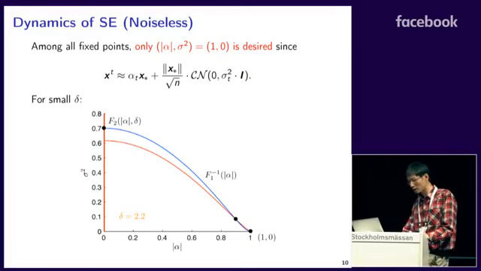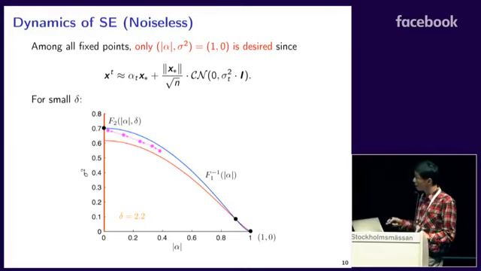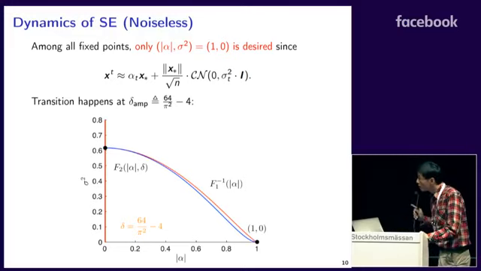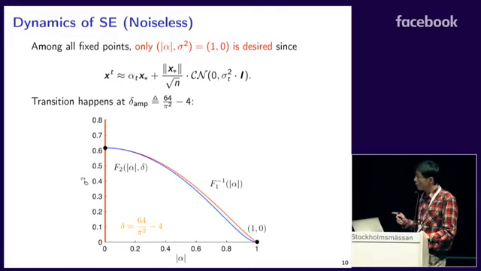If we initialize at a similar place between these 2 curves, then based on the same update rules, we will eventually converge to the wrong fixed point, which is on the y-axis. So to conclude, the transition happens exactly when f2 goes from being entirely below the curve f1 to being partially above f1. That critical value for delta is equal to 64 over pi squared minus 4.